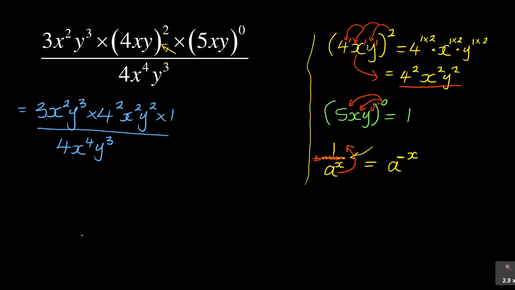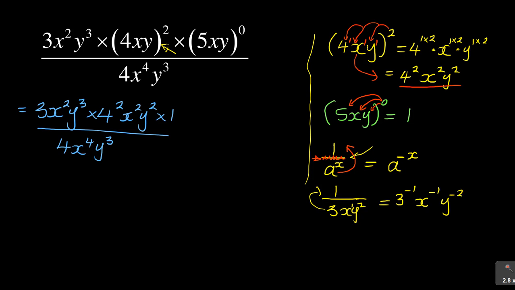Similarly, if I'm given 1 over 3x y squared, if I want to take the 3 on top, it will be 3 to the power negative 1. For the x, you must see that the squared is only affecting y, the x there is a 1, so it will be x to the power negative 1, and then y to the power negative 2.